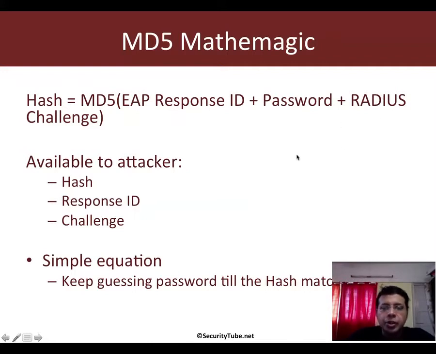He can try various combinations of passwords, creating the MD5 hash for a given password along with the sniffed response ID and the Radius challenge. If he gets the hash which the client sent in response, then he knows that his guess for the password was correct. And this is exactly how the cracking process works.